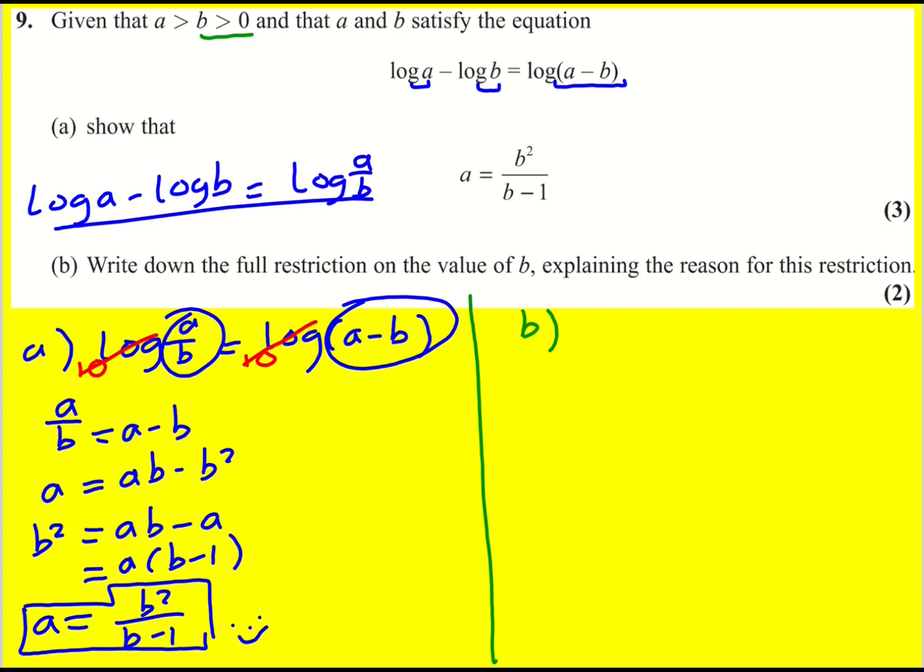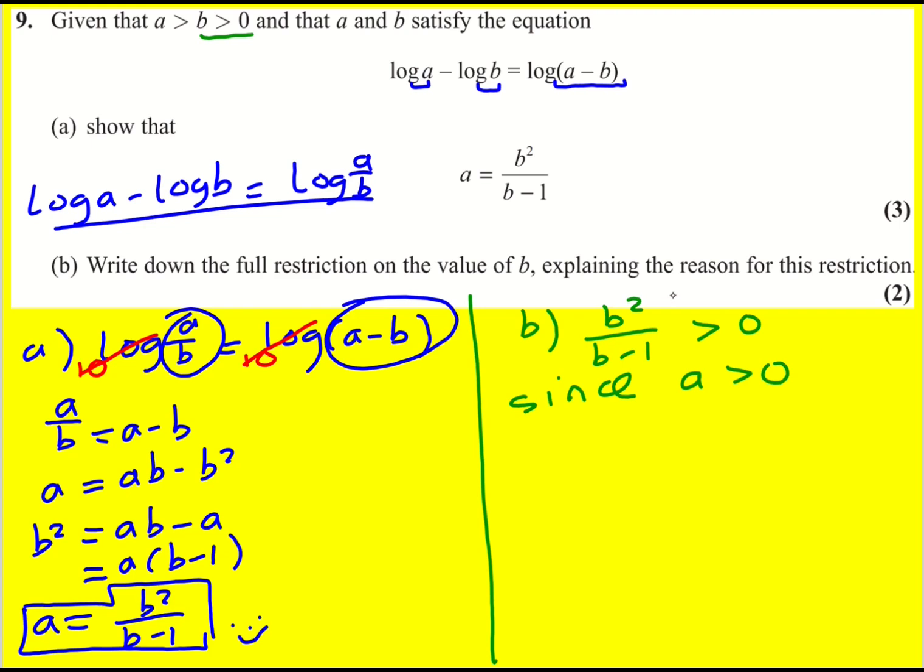It's all about a being greater than 0 actually, because it must be that b squared over b minus 1 is also greater than 0, since a is greater than 0 and a equals b squared over b minus 1. I think that's implied. That's where I got it all from.